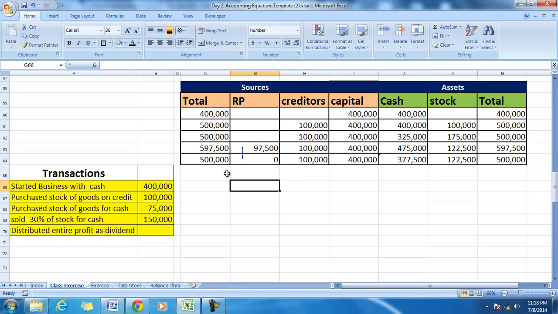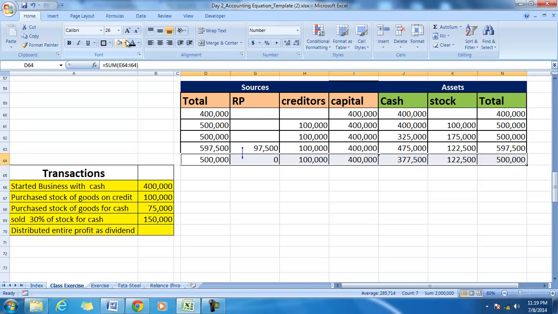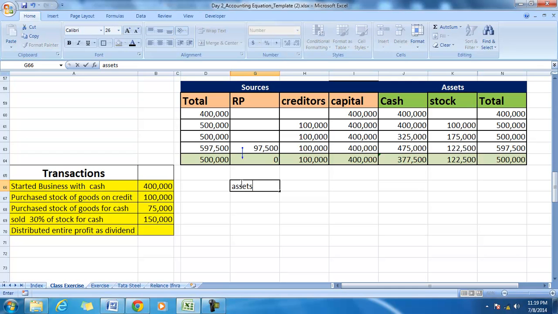Now let us take this last equation as the base and put that as assets equal to equity plus liabilities. We know that this is the equation.